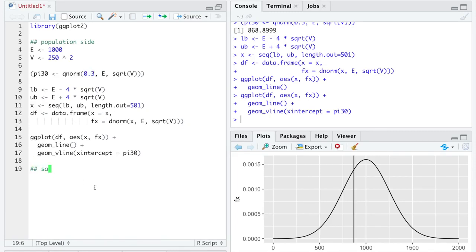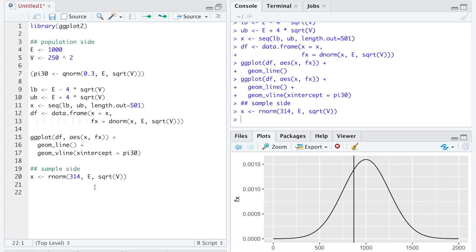If, on the other hand, we wanted to consider the sample side of things, such that all we had was a vector of randomly generated normal data, let's say 314 observations with a mean of E and a standard deviation of 250, then we could estimate pi 30, maybe by calculating pi hat 30, by calculating the quantile of x corresponding to the 30th percentile.